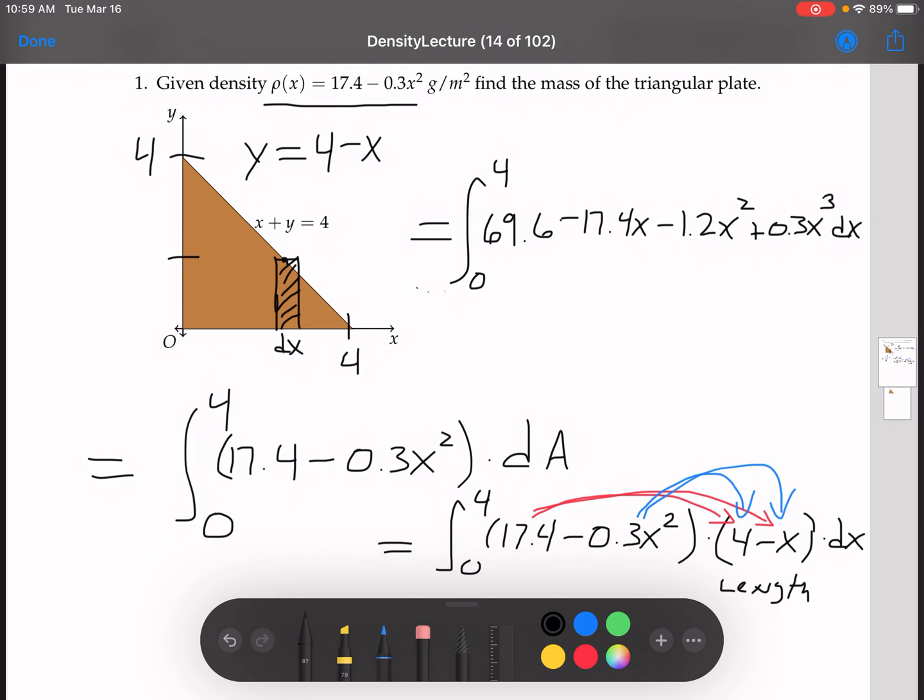And then if you take the antiderivative and evaluate at the endpoints, your final answer will be 132.8.